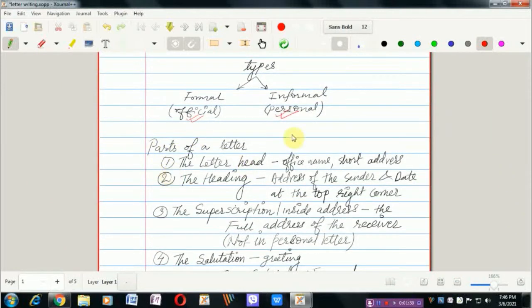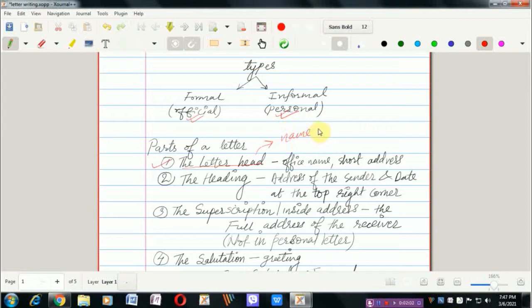In the very beginning, the letter is written on the letterhead, an official letterhead. We have to write official letters on the letterhead, which contains the name of the organization.